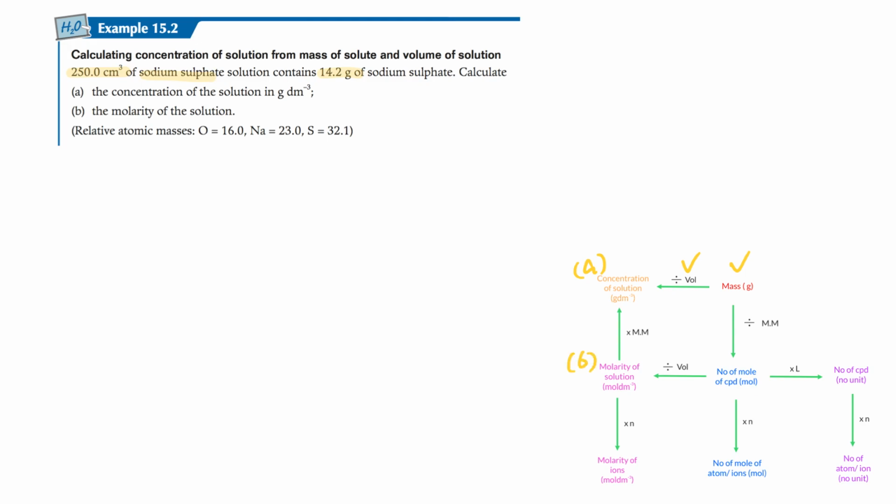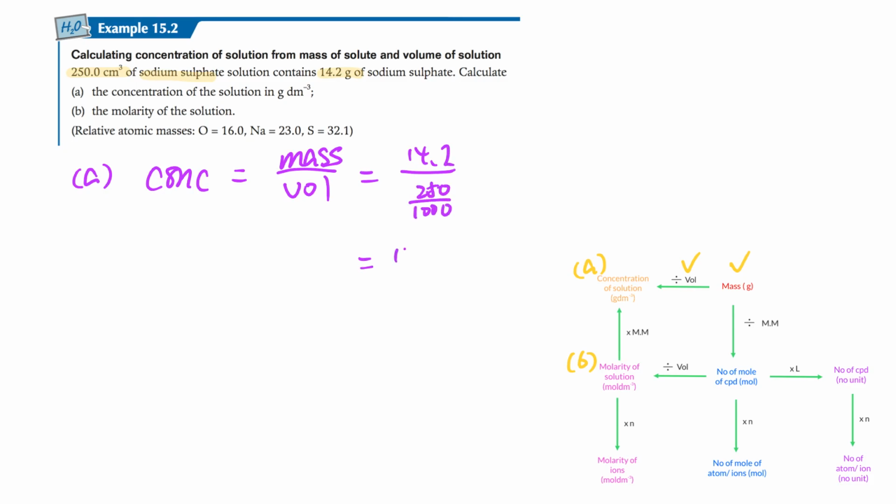Concentration equals mass over volume. So you have 14.2 over 250 over 1000, which is 14.2 over 0.25. The answer for this part will be 56.8 gram per dm cube.